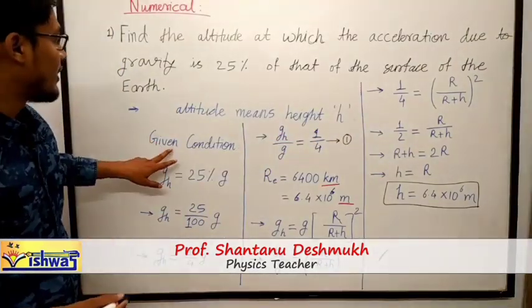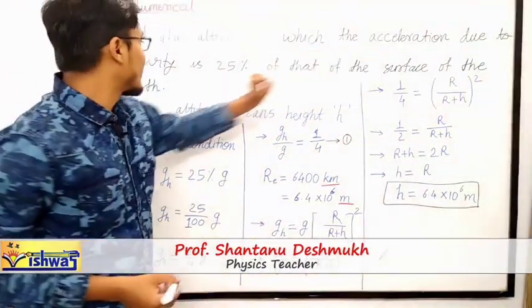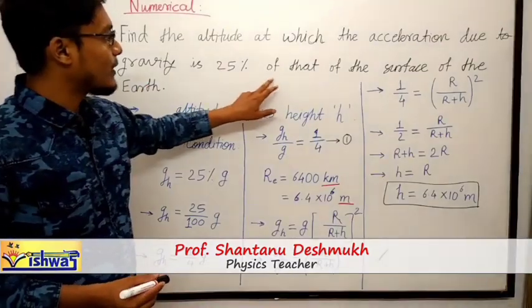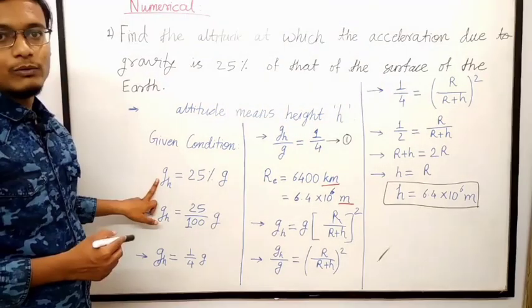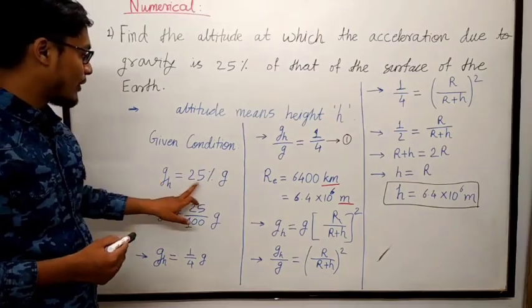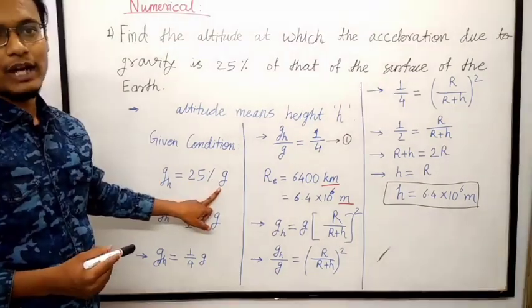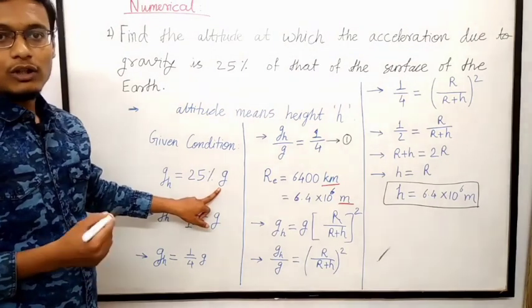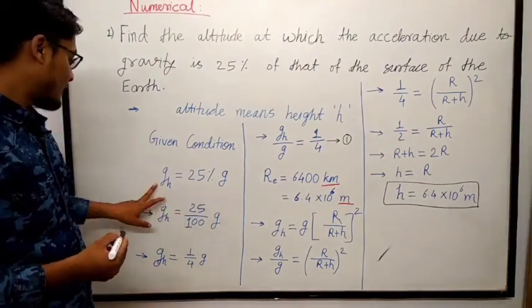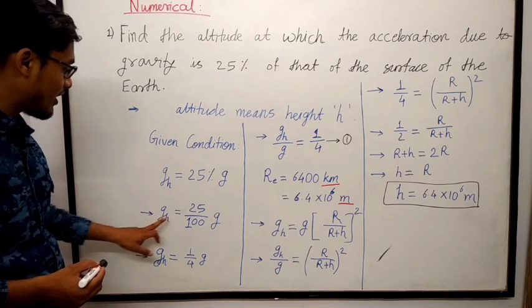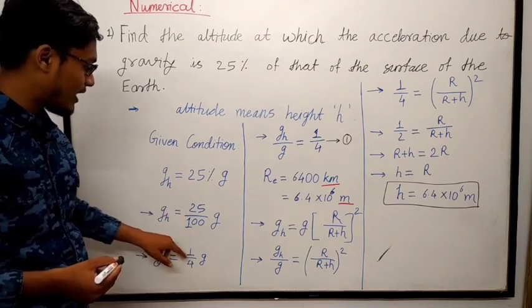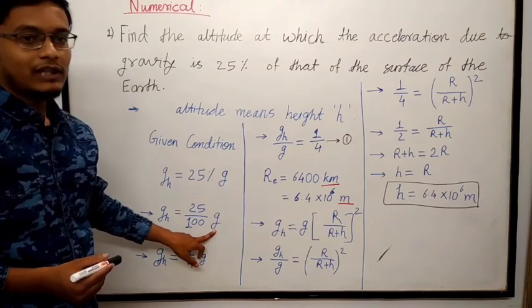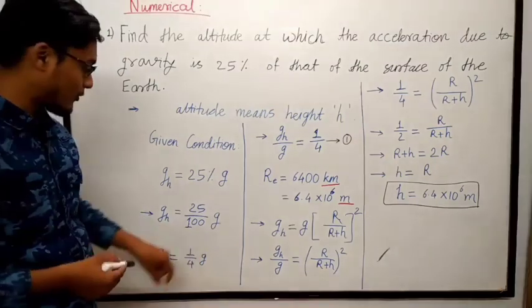Our given condition is that the acceleration due to gravity at height h is 25% of the acceleration due to gravity on the surface of the earth. So we can write further g_h is equal to 25 by 100 into g, where g is the acceleration due to gravity on the surface of the earth.